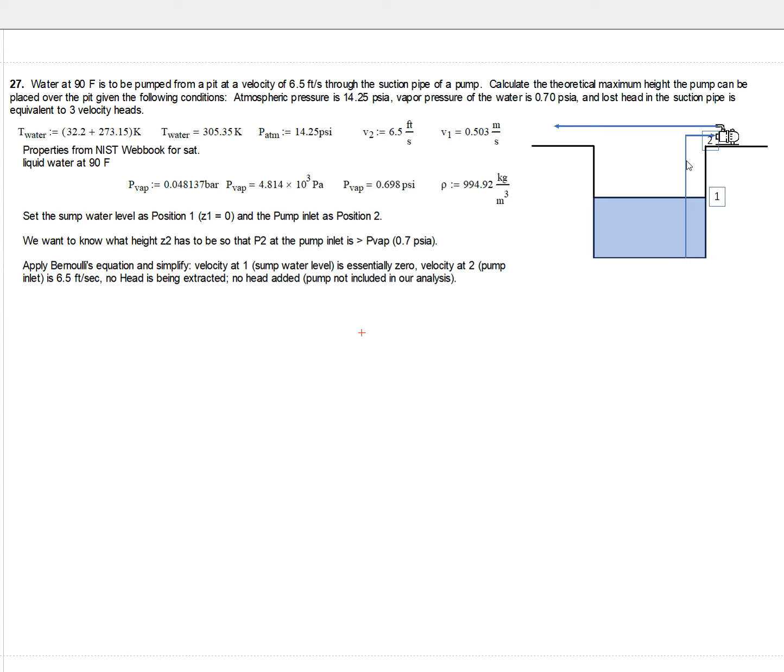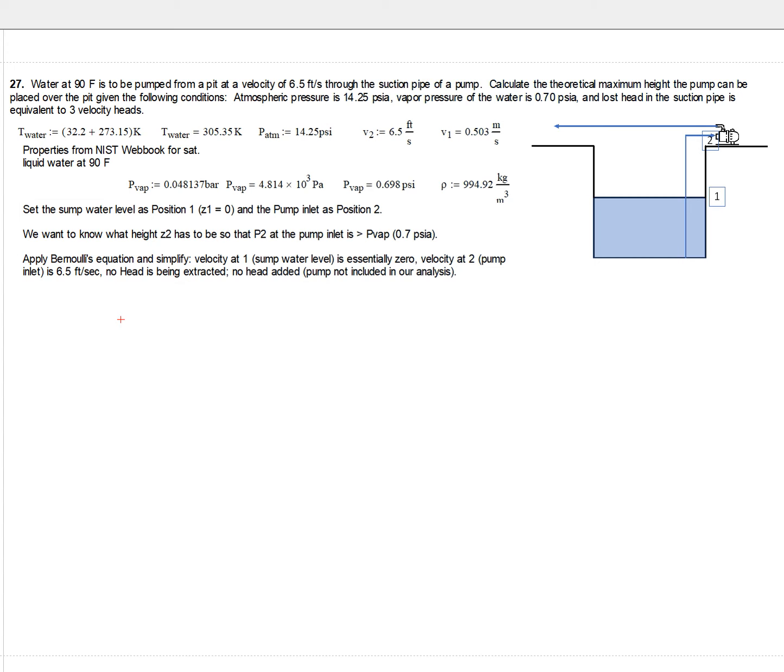And so as the water is being pulled up, the pressure is going to decrease, and we definitely do not want it to reach the boiling pressure, which would be 0.7 psia. So that is what we are doing here. This is basically a net positive suction head type of problem.